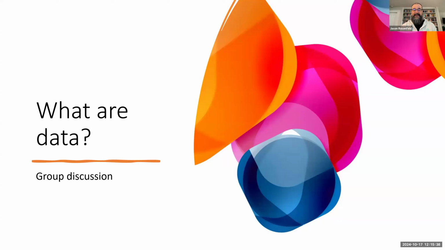Any other thoughts on what data are for folks? Yeah, information's collected for a purpose. Good. Success stories and other focus group information. Yeah, right. And I appreciate that, because now you're differentiating between quantitative numerical data and qualitative non-numerical data. So we'll talk about that a little more.